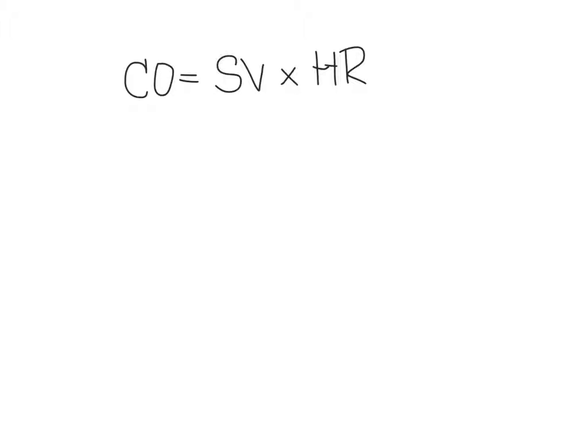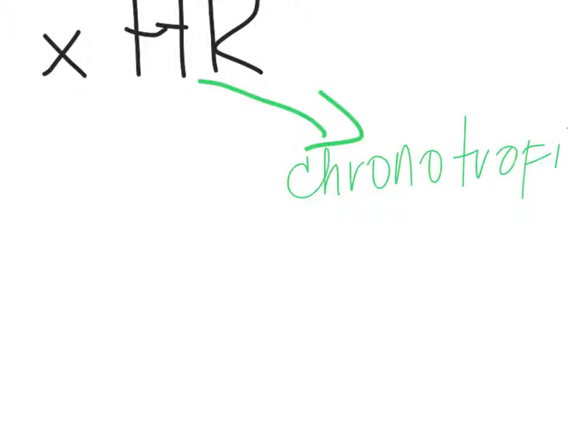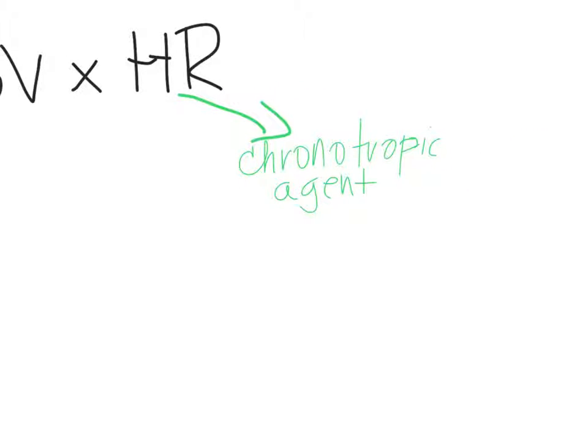Keeping this equation in mind, we're now going to look at some factors that influence both stroke volume and heart rate. So the heart rate can be influenced by chronotropic agents. Chrono means time, so chronotropic agents are going to affect the heart rate.